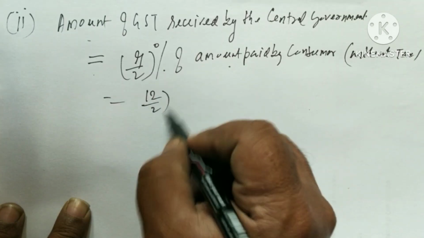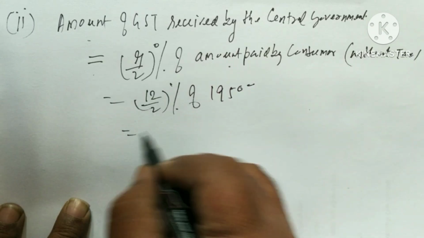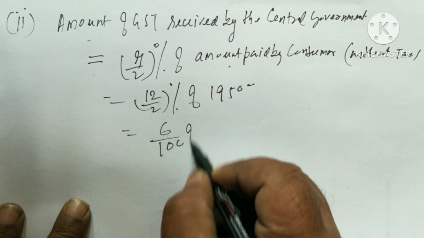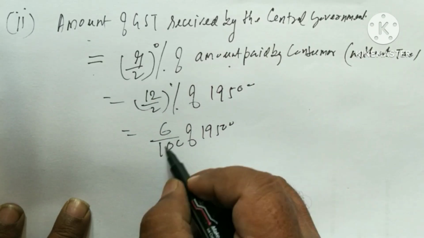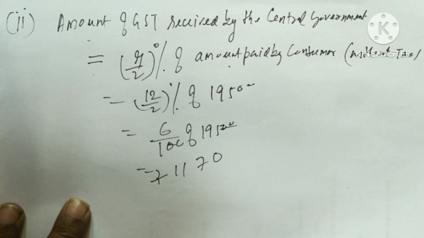It is 12 by 2% of 19,500, or 6 by 100 of 19,500, which is 1170.